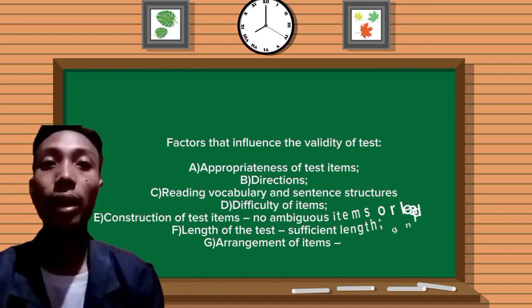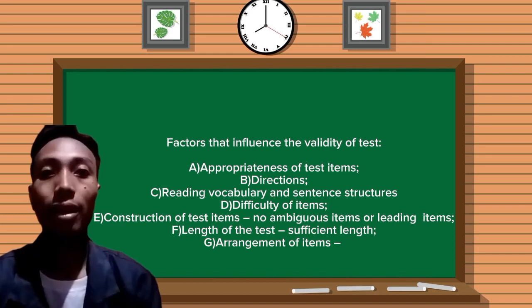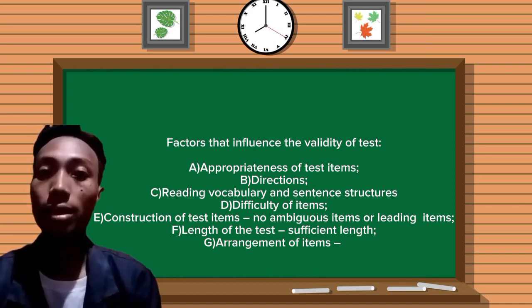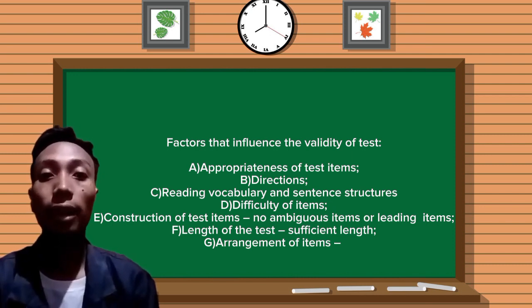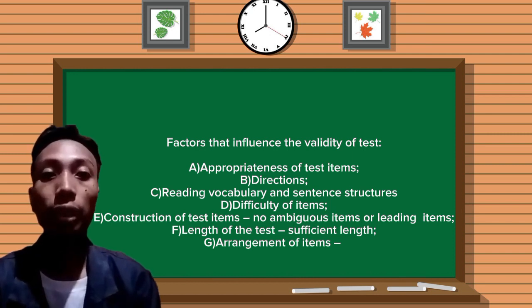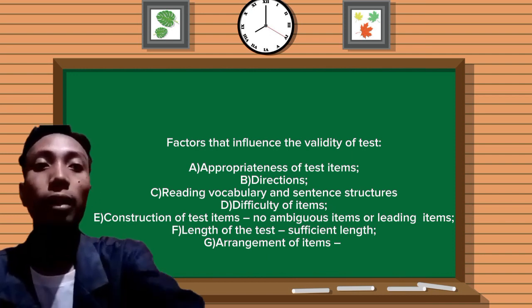Factors that influence the validity of tests. First is appropriateness of test items: directions, reading vocabulary and sentence structures, difficulty of items, construction of test items, no ambiguous items or leading items.